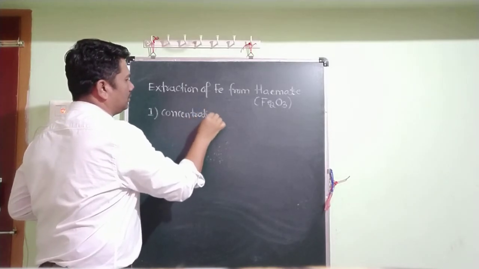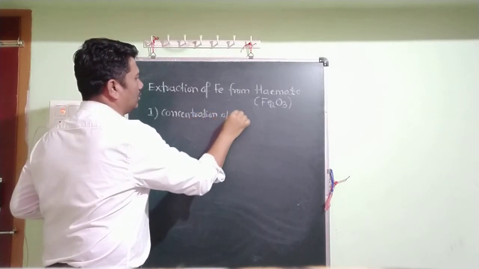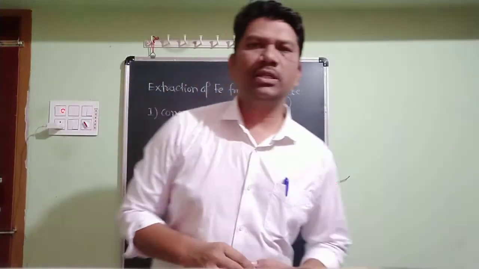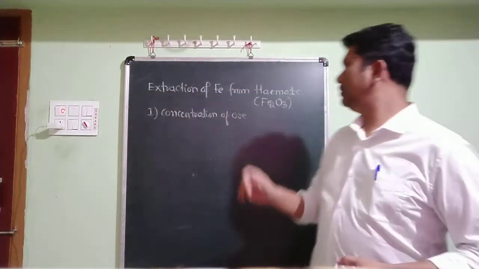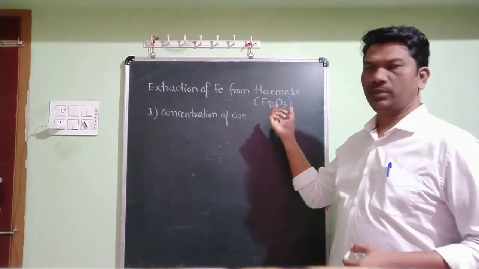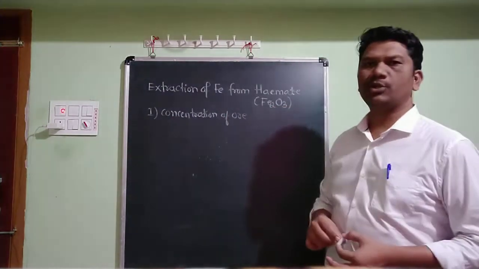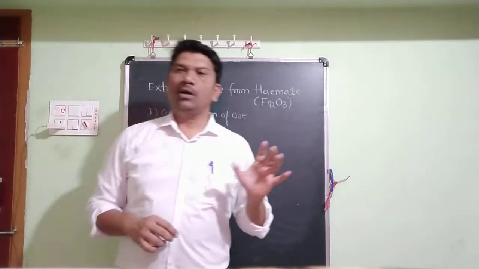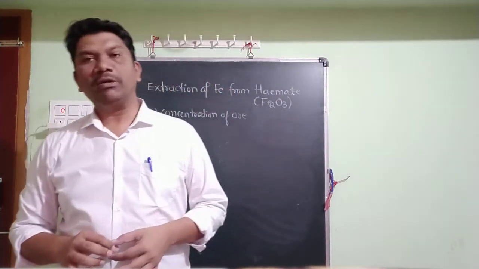You know what is concentration of ore? Here the ore is hematite ore, and the first step is concentration of ore. You know already what is meant by concentration of ore, and there are different methods for it.